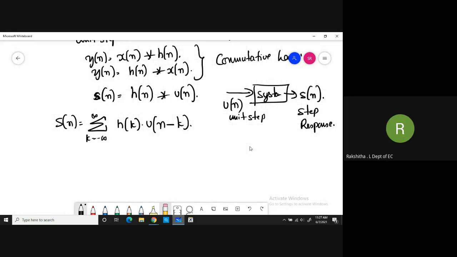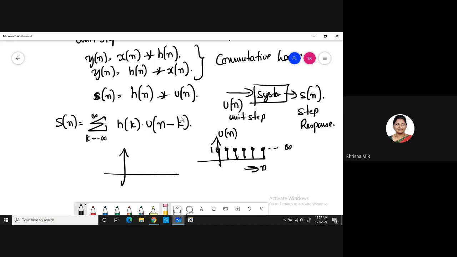So u of n minus k, from where to where will the signal exist? U of n is a signal which exists from 0 up to infinity with an amplitude 1, right? So we are replacing n with k. So u of k is also the same.